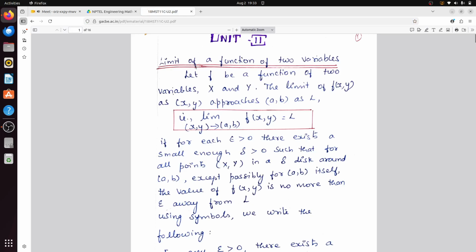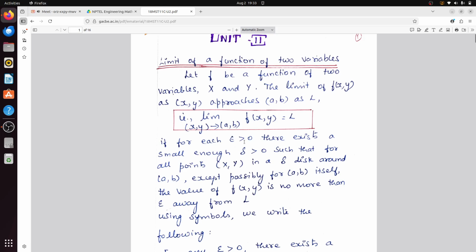Limit of a function of two variables: let f be a function of two variables x and y. The limit of f(x, y) as (x, y) approaches (a, b) is L if the limit as (x, y) tends to (a, b) of f(x, y) becomes L. And what is the epsilon delta definition?